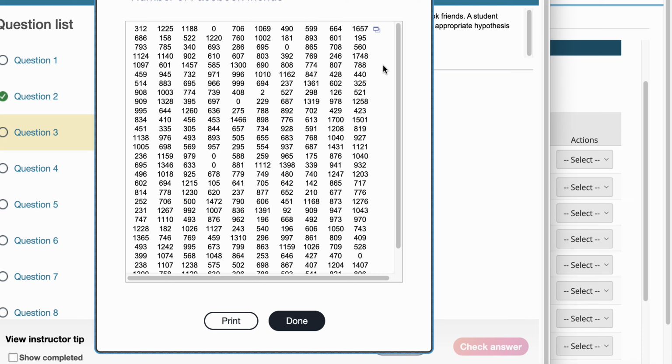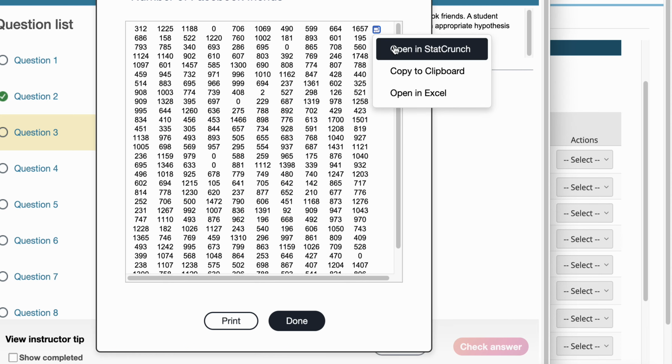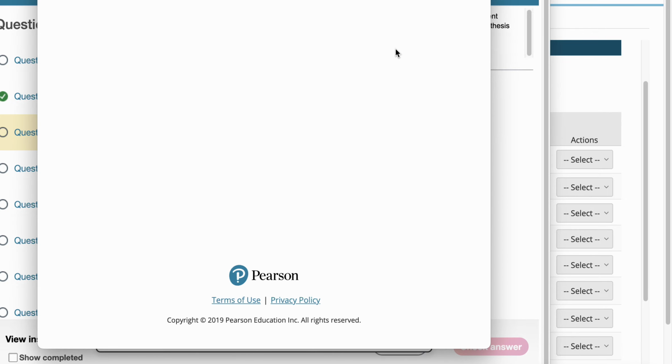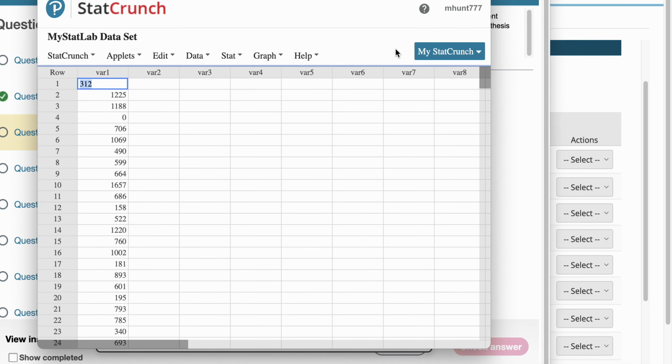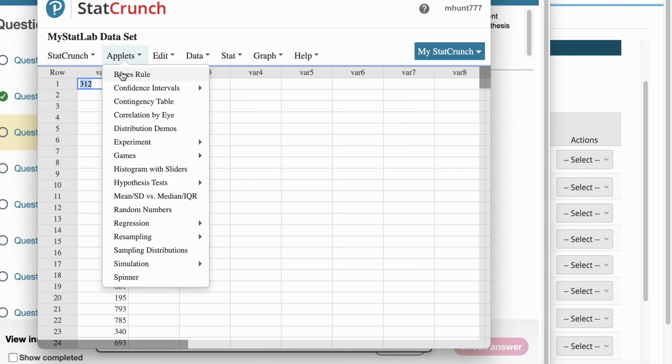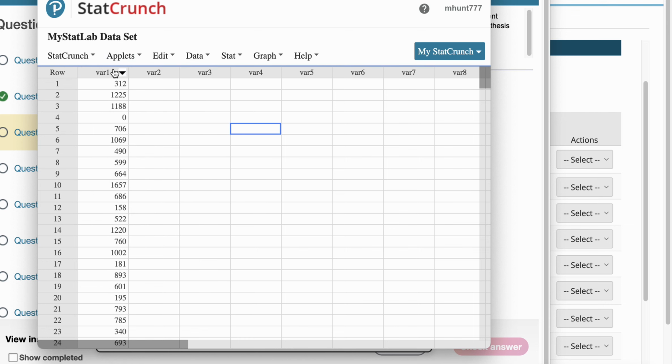There are lots of data that this student collected. Now click on this icon to open it in StatCrunch. And look at that, I don't even want to count how many there are. One thing I do want to do is change this name. I don't like it. I want to call it Facebook Friends.